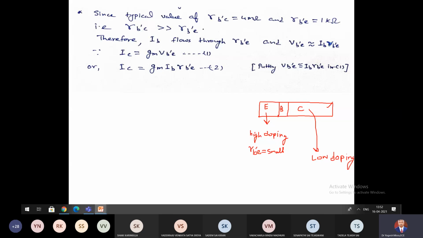Whereas in the collector the doping of the charge carriers is less. So if doping is less, conductance will be less, so resistance will be more. So R B dash C is more.